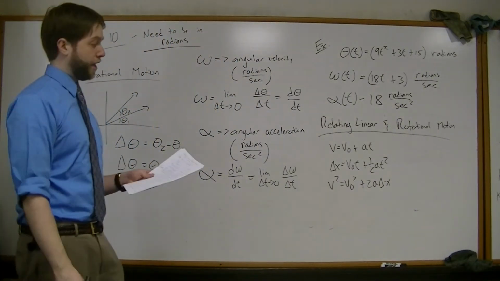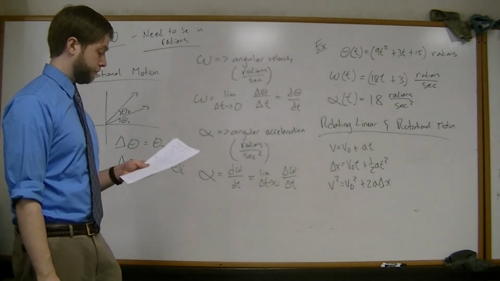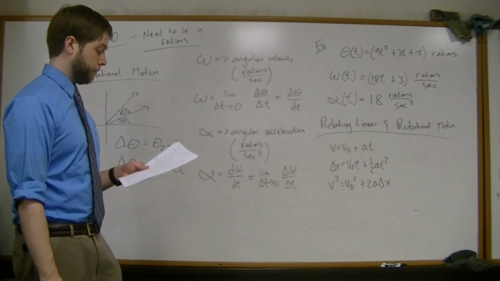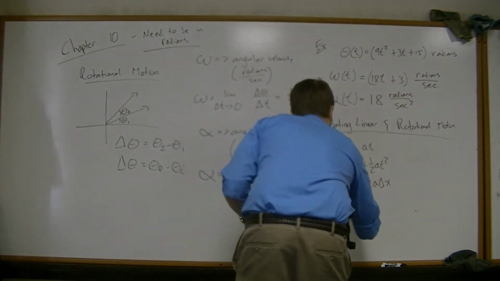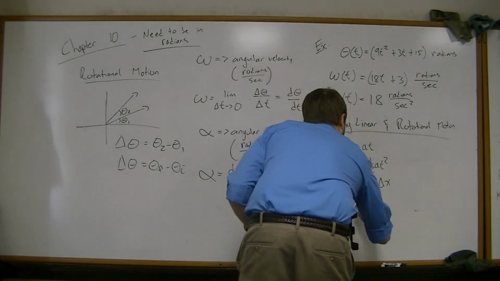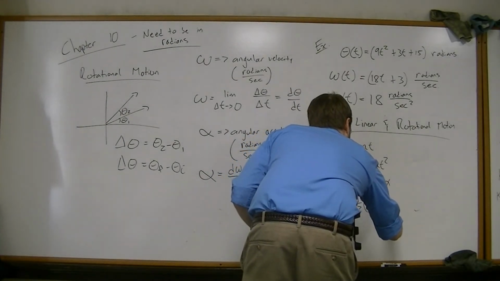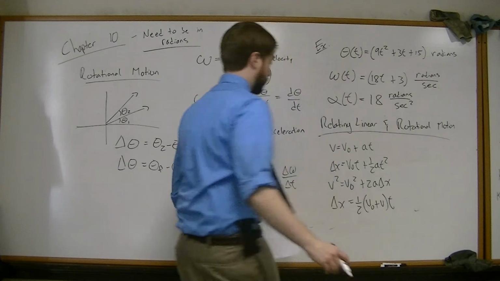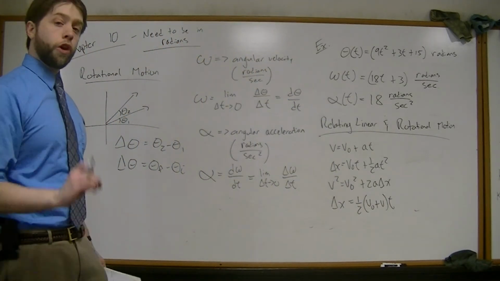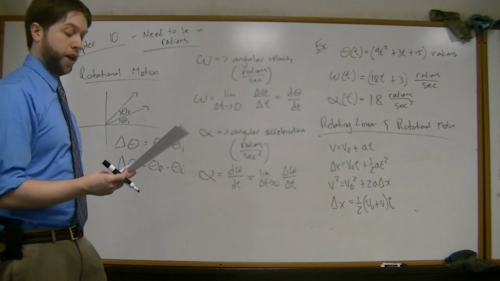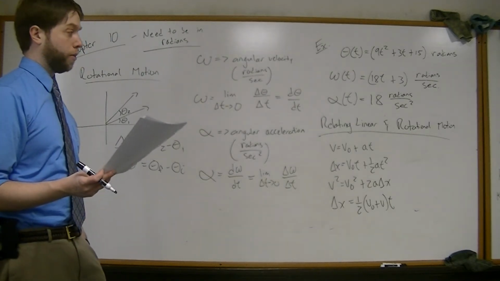Sorry if I'm going too fast. Give you guys a second to take a look at that. And then, one equation I can never remember, the displacement is equal to 1/2 the initial velocity plus the final velocity times the time. Okay? So those are our big 4 kinematic equations.